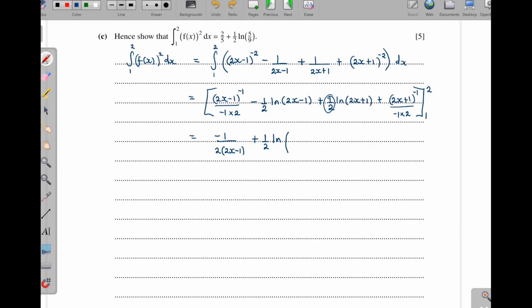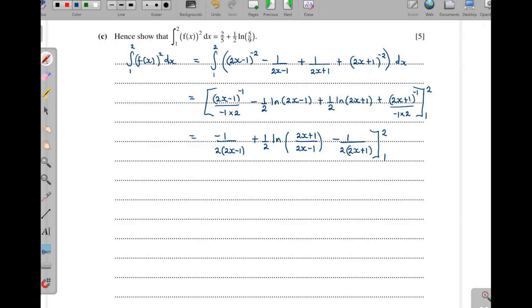Then now we have natural log of this minus natural log of this one here. So I'll have 2x plus 1, then I'll divide by 2x minus 1, like that. Then, of course, this one, just like I've done here, is going to be negative 1 out of the (2x plus 1), but it is multiplying with this 2 down there. Okay, so that is what we are having there, simplified.